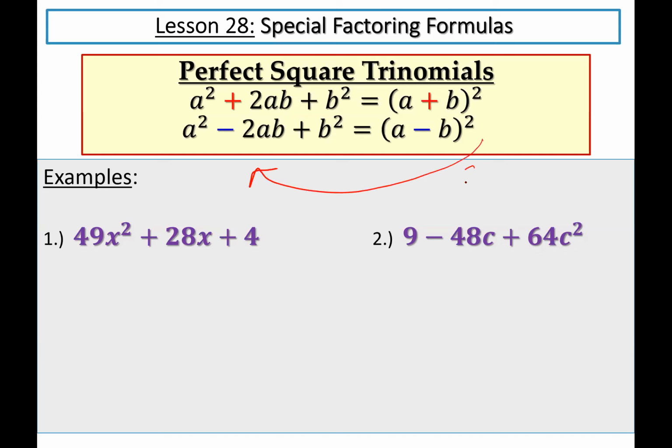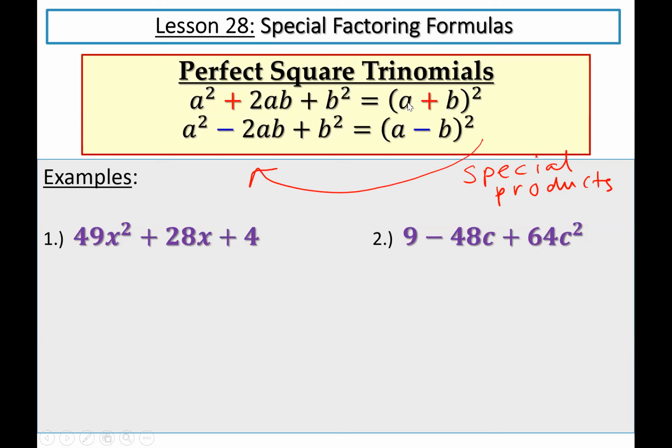Here, I'll write it down and then I'll read out the formula so you know what we're doing. Okay. Special products, special factoring. Okay, so perfect square trinomials. Here's the first formula. A squared plus 2ab plus b squared equals, parentheses, a plus b, parentheses, squared.